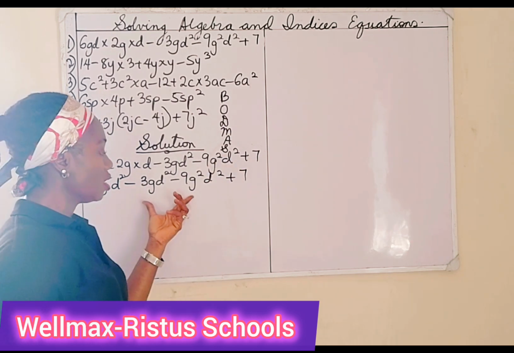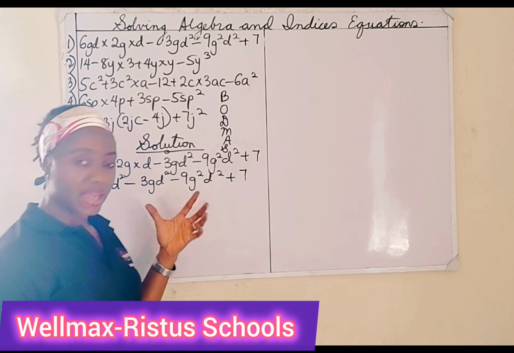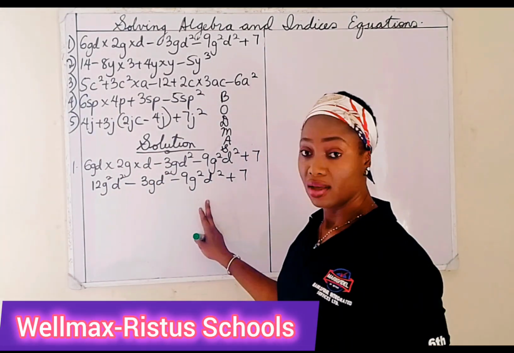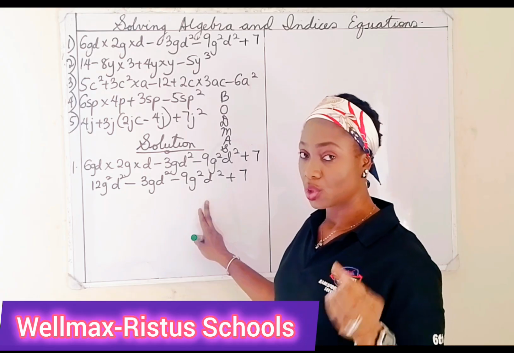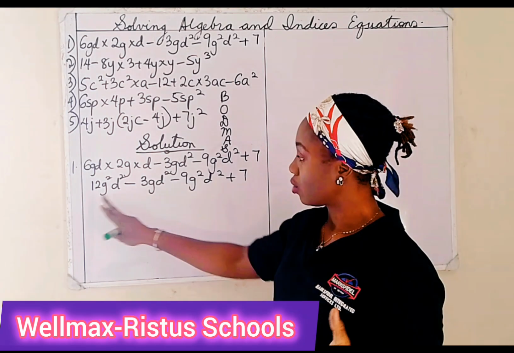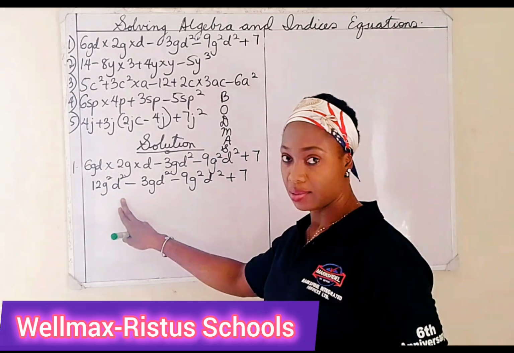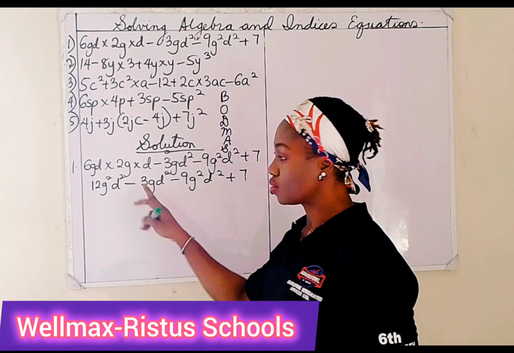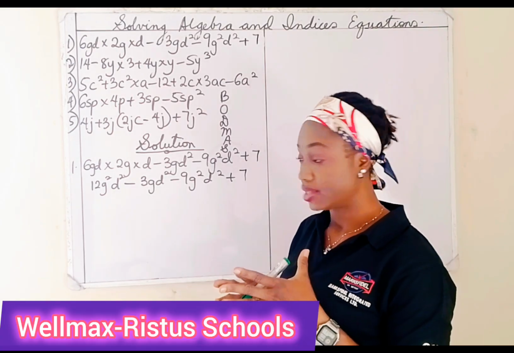Now from this step, can you see that there are some terms here that have the same coefficient and the power or the index? Like we have here 12g squared d squared, and we also have here 9g squared d squared. So these two can come together, right, as like terms.